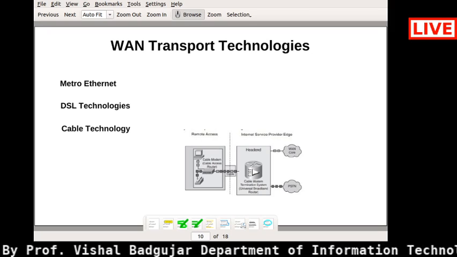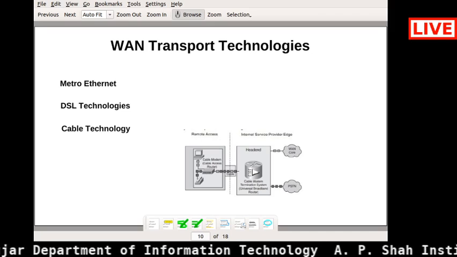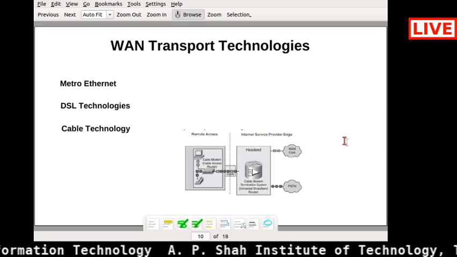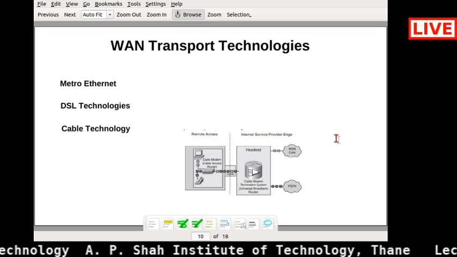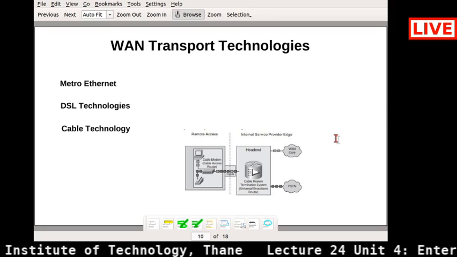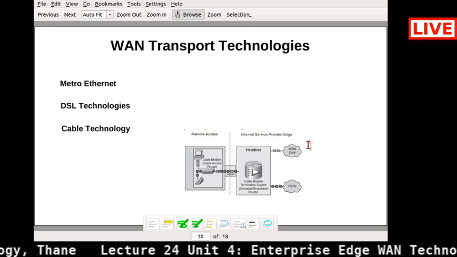Then the next one is cable technologies. Cable technology is a very good option in environments where cable television is widely deployed nowadays.